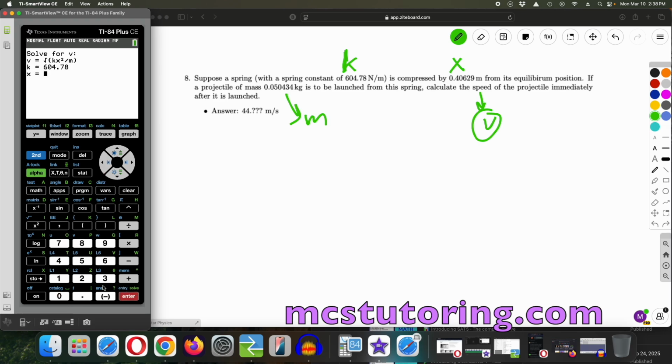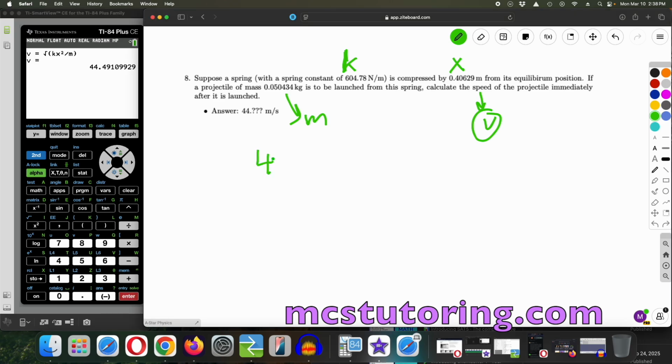And then X is 0.40629. And then the mass is 50434. Look at me. 44.491. How many digits does this guy want? 3 after the decimal. Okay. And then label units, meters per second.